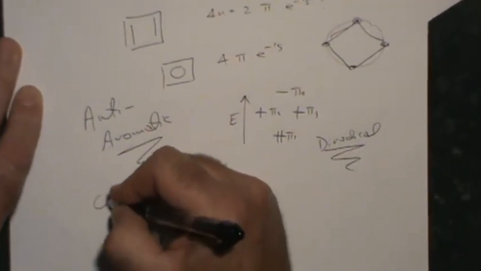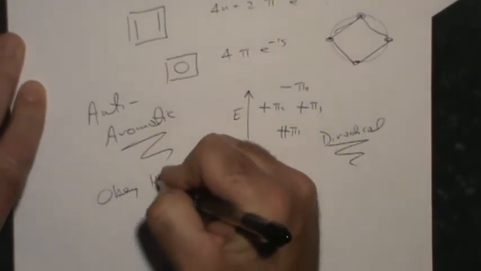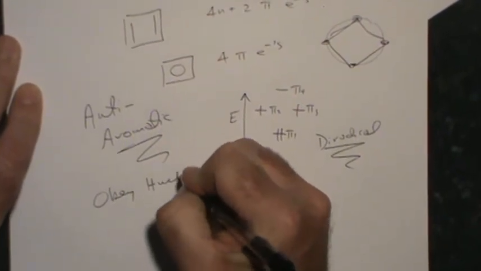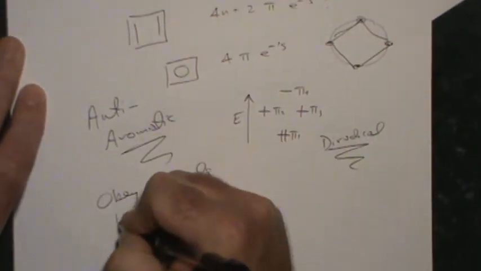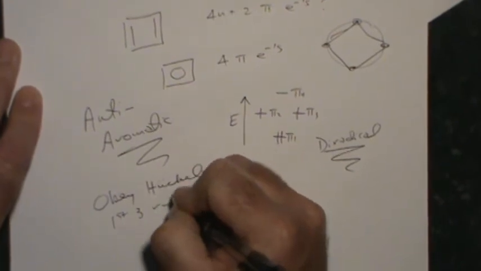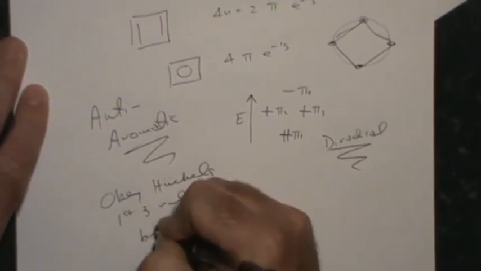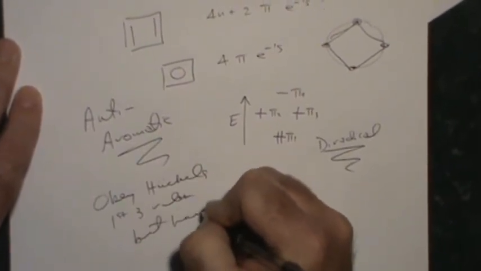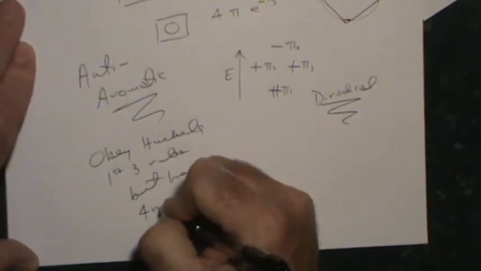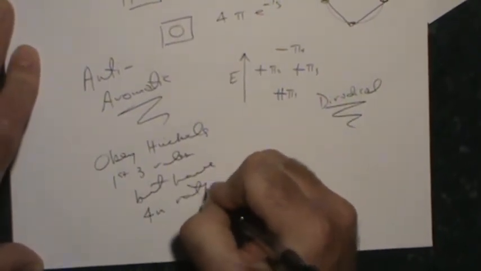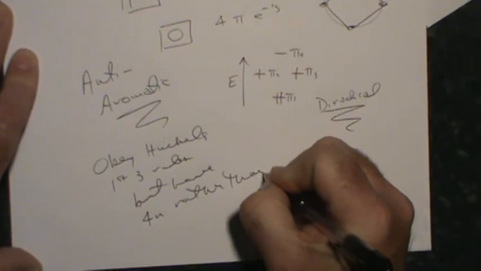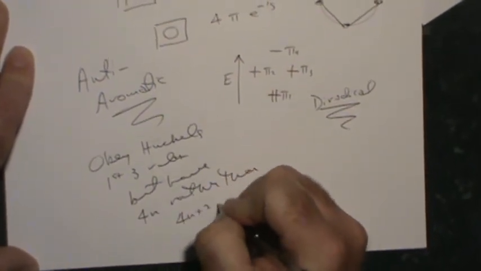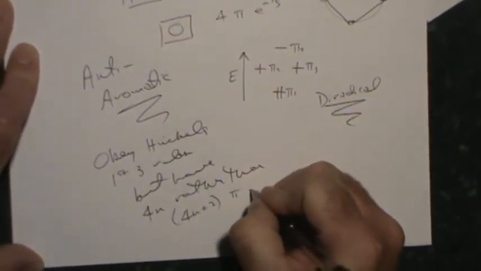Anti-aromatic molecules obey Huckel's first three rules, but have 4n rather than 4n plus 2 pi electrons.